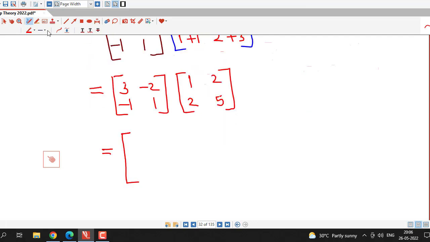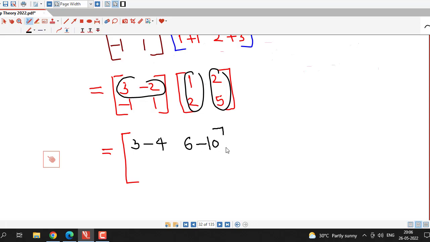So again we consider the first row multiplied by the first column: 3 into 1 is 3, minus 2 into 2 is minus 4. Then the first row and second column: 3 into 2 is 6, and minus 2 into 5 is minus 10. We repeat the same process for the second row.